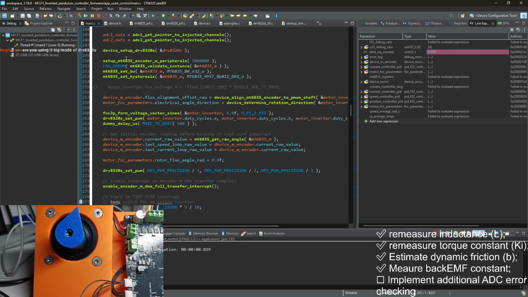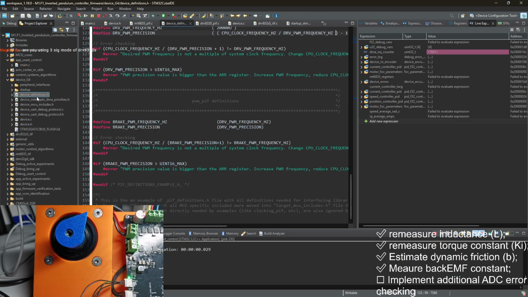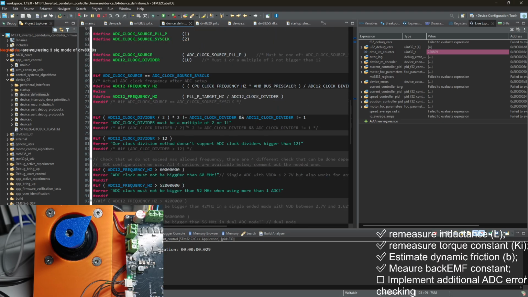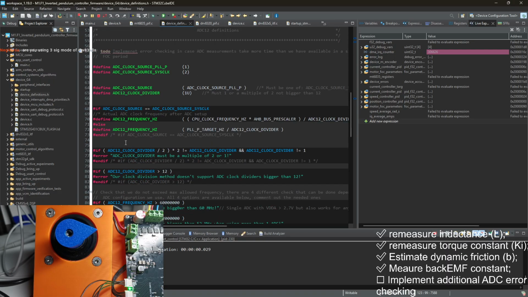Okay. It just works. Let's go to our device definition file. And here, where is our ADC setup? It is here.